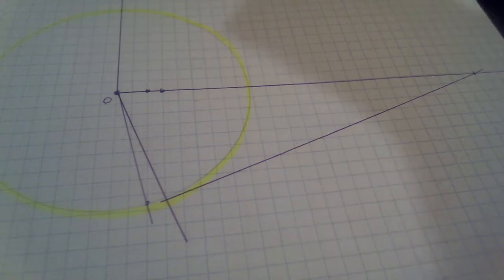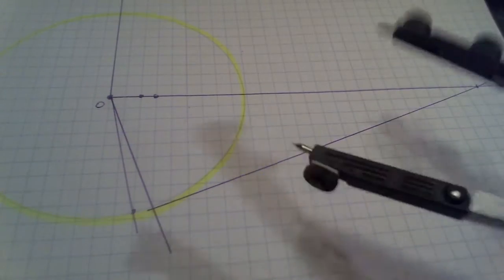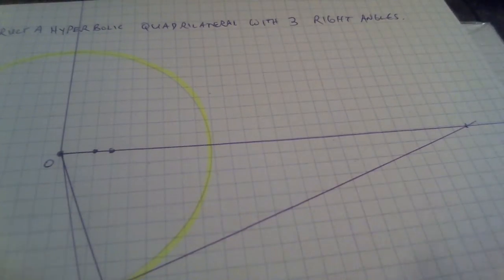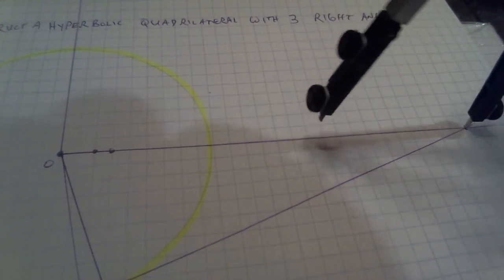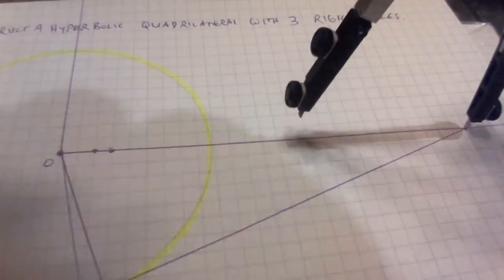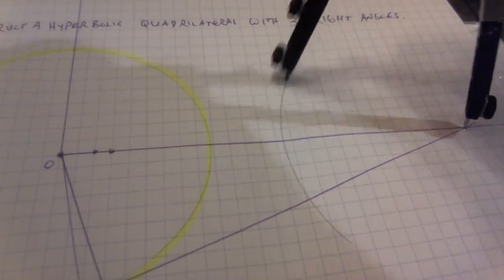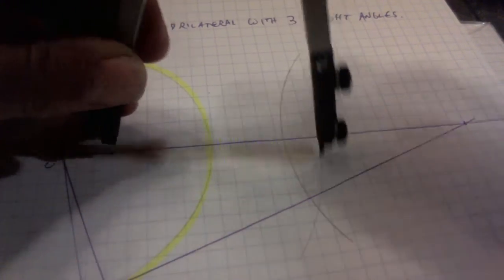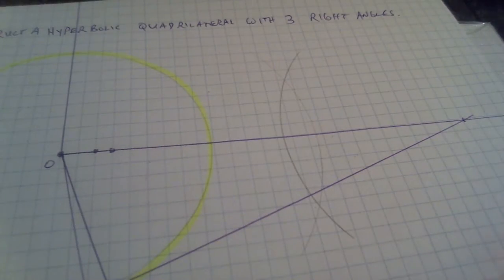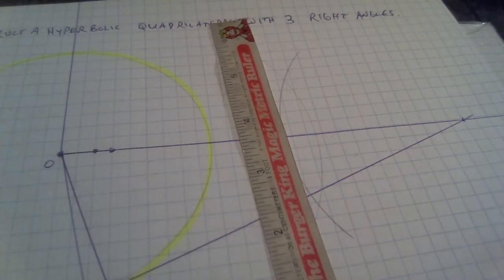Now I need the midpoint. So I grab my compass and I make my distance more than half the total distance. I might want to add a little bit more to it just to make sure these things intersect. So then I run over here to this point, and there's all I have to do to get the midpoint.